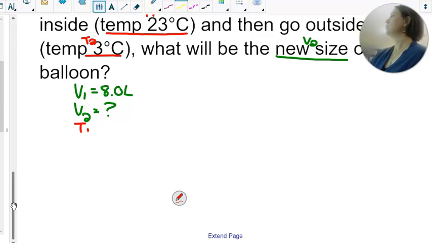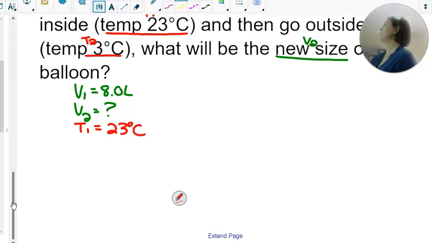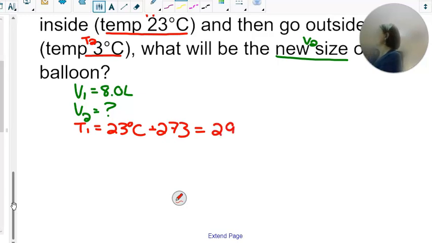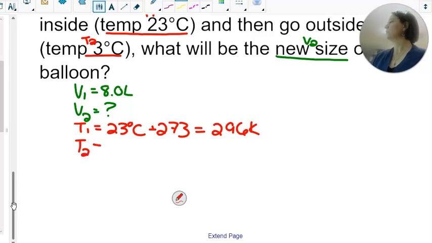So T1 equals 23 degrees Celsius, and let's just go ahead and do our calculation now. Plus 273 equals what in Kelvin? 296 K.